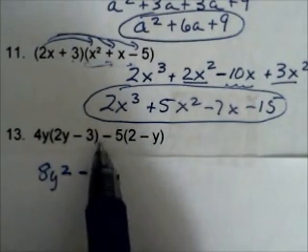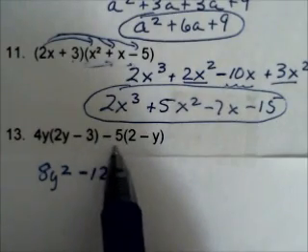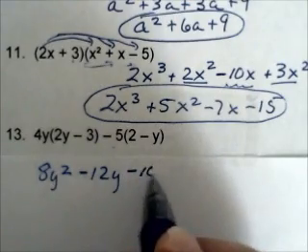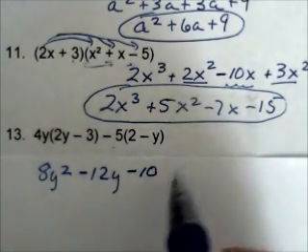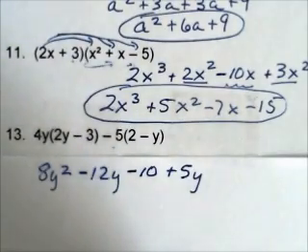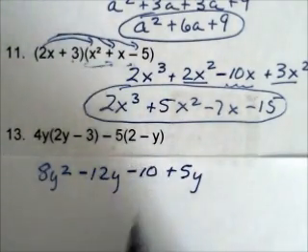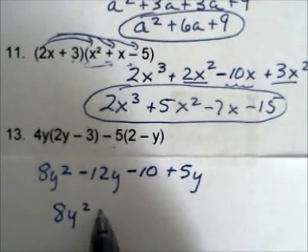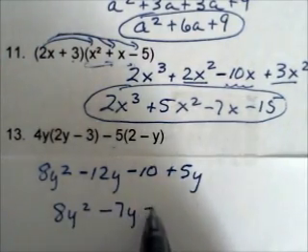Now I'm going to pick up the sign here and distribute negative 5. So negative 5 times 2 is negative 10, and negative 5 times negative y is positive 5y. Now combine any like terms, which would be our y terms. So we have 8y squared minus 7y minus 10.